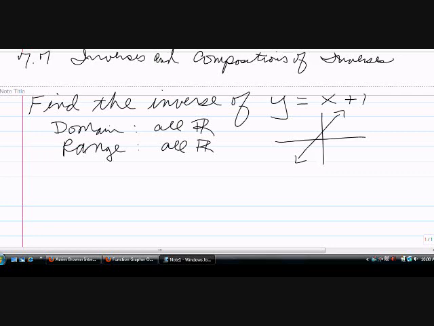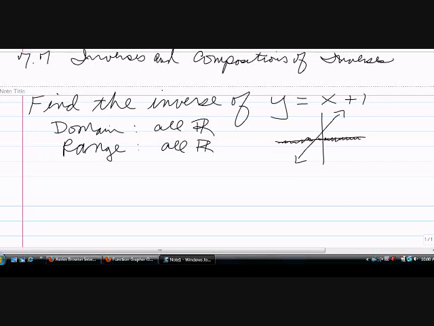There's one technique that I use for finding domain and range. If I'm finding domain, I take every point and I squish it down to the x-axis, or squish every point up to the x-axis. Oh, well, I have covered the entire x-axis, so my domain is all real numbers.